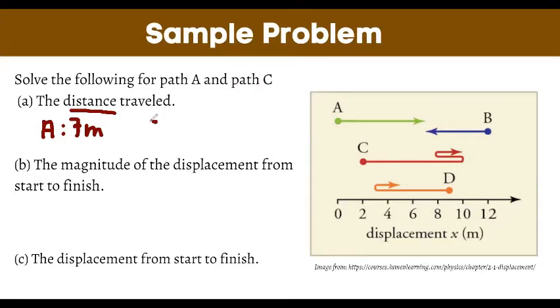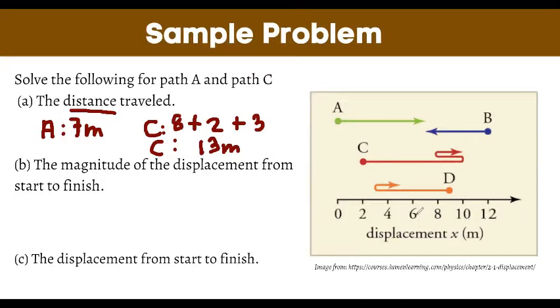Okay, so we can say that path C has traveled 2, 4, 6, 8, and then it goes again to the left plus 2, and another one to the right plus. Okay, so we can say that the distance traveled by C is 13 meters.